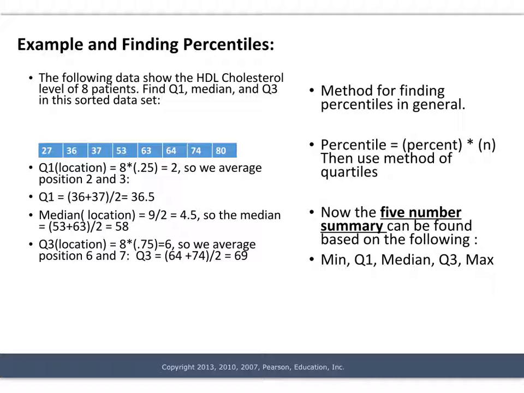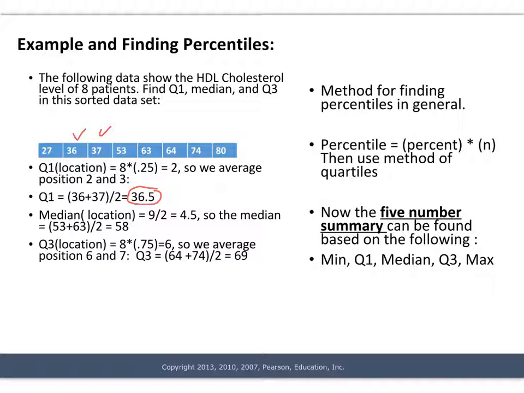So our Q1 location is 8 times 0.25, which is 2. So we average positions 2 and 3, which are 36 and 37. We take those two numbers and divide by 2, and Q1 is 36.5.